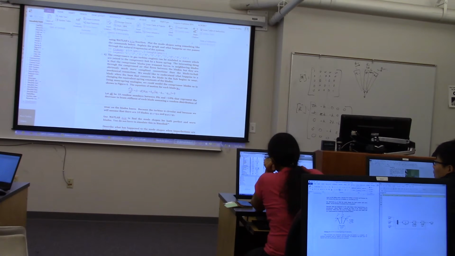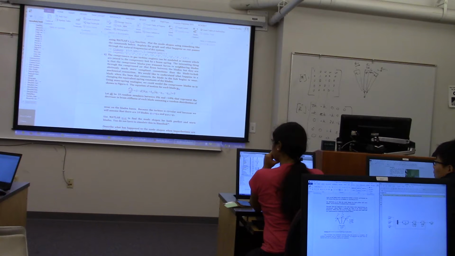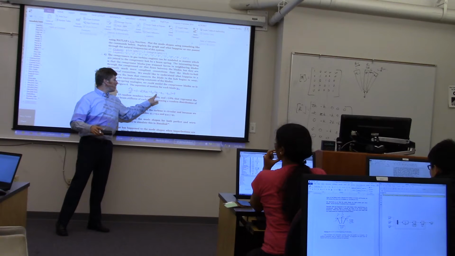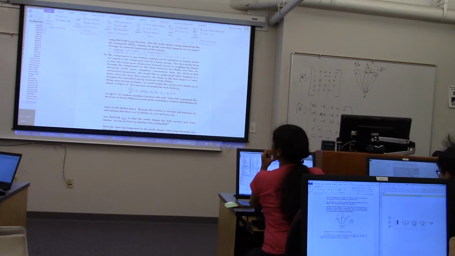So the first value is going to be K sub B times 1 minus dF, and then there's a stiffness that is associated with the air, so that's plus 2K air.